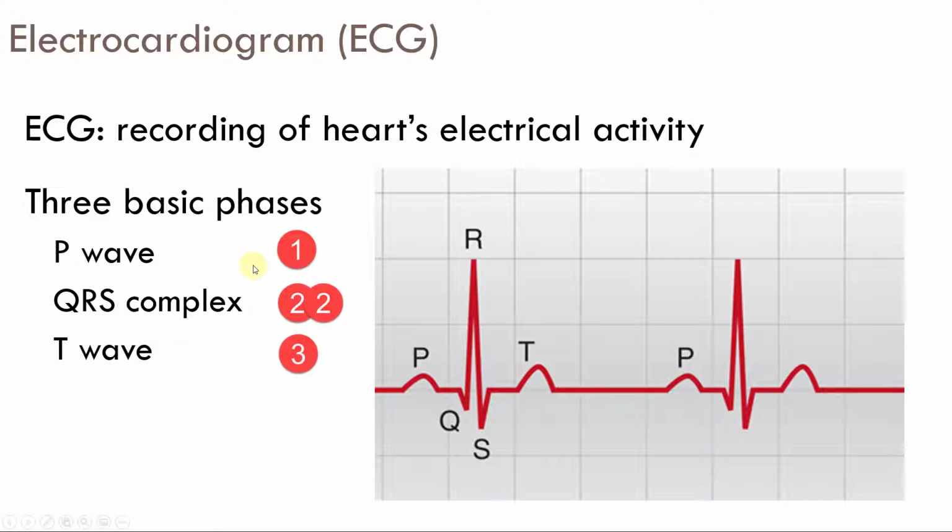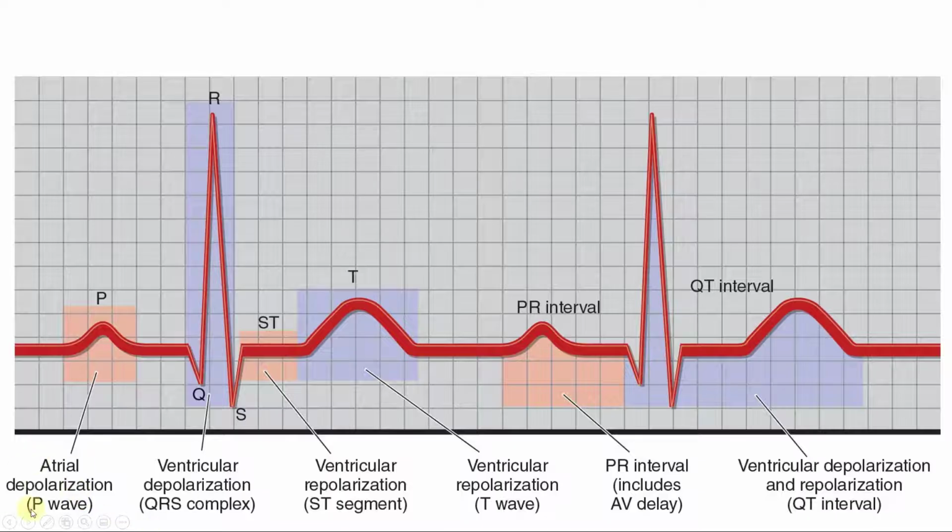Now, the reason why you only see three parts of the phases, the P wave, the QRS, and the T wave, is that when you see the atrial depolarization, this is the SA node telling the AV node to contract. So you're getting the contraction of the atrium, pushing its contents down to the ventricle. You're getting the ventricle contraction through the QRS complex. And then you're getting a ventricle repolarization, like a recharge.